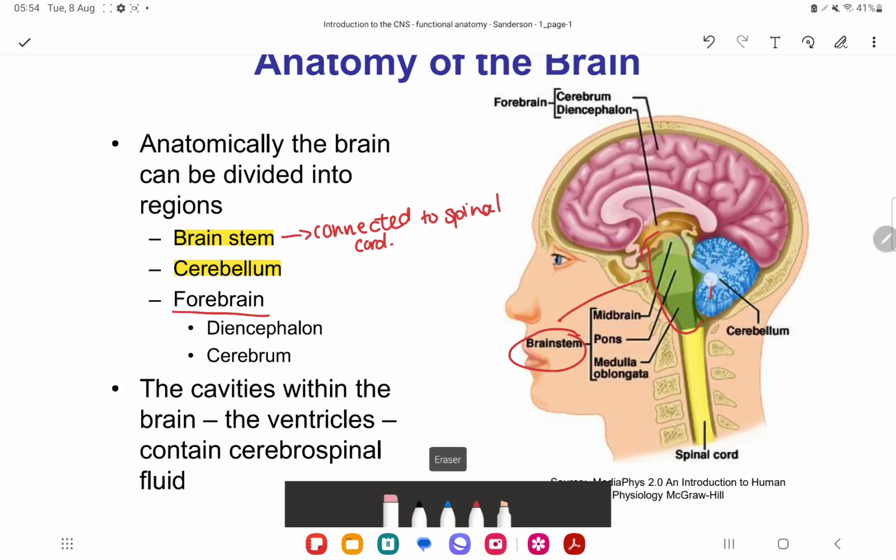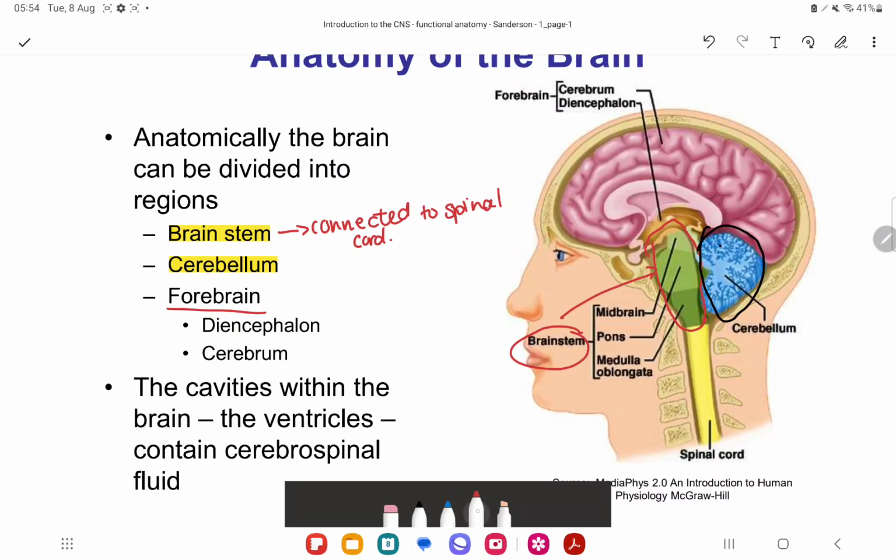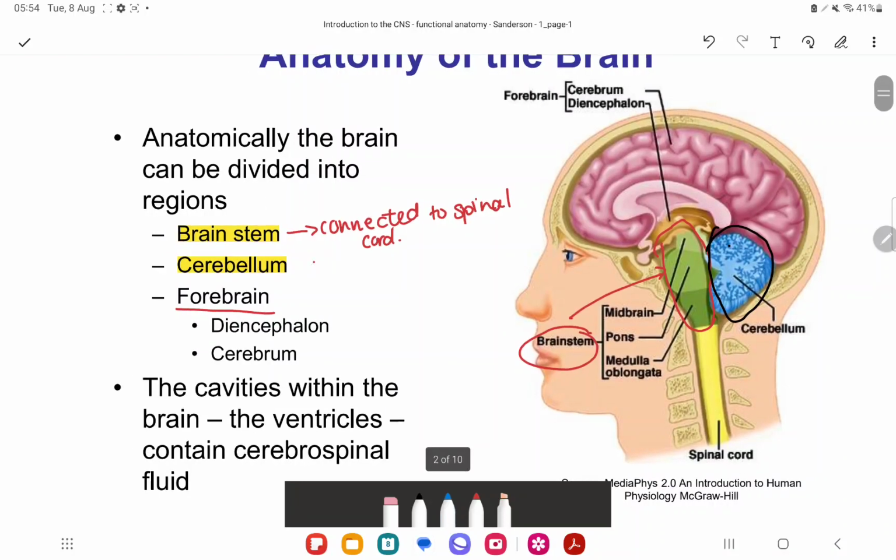So this is the brainstem, which would mean this over here is the cerebellum. We can identify the cerebellum because it's behind the brainstem.